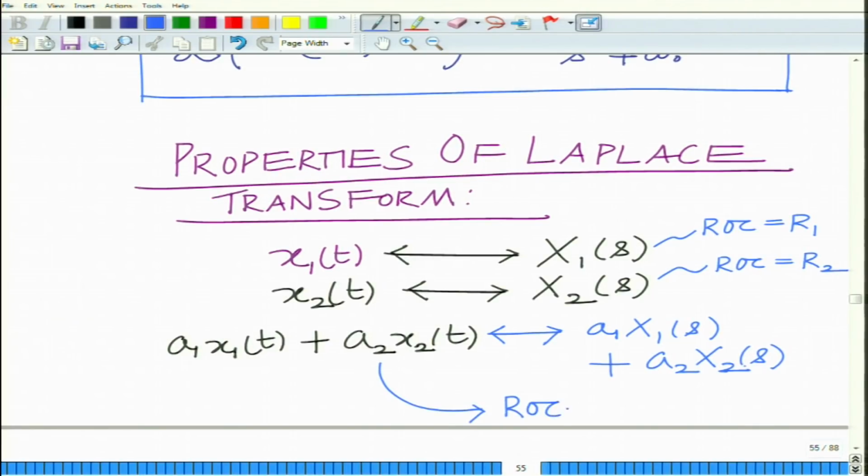So the ROC will be R1 intersection R2, because naturally both the Laplace transforms X1(s) and X2(s) have to exist. X1(s) exists only in the region of convergence defined for R1, X2(s) is defined for R2, and therefore the region of convergence of the sum will be R1 intersection R2. Okay, so that is something important to keep in mind.